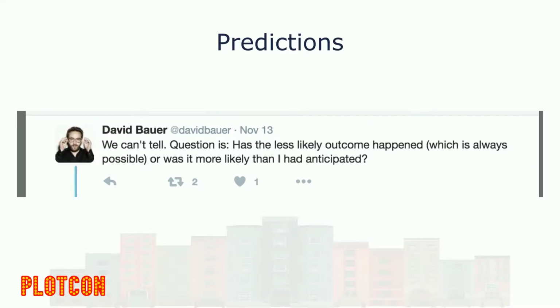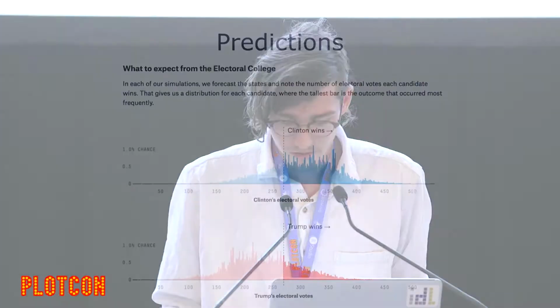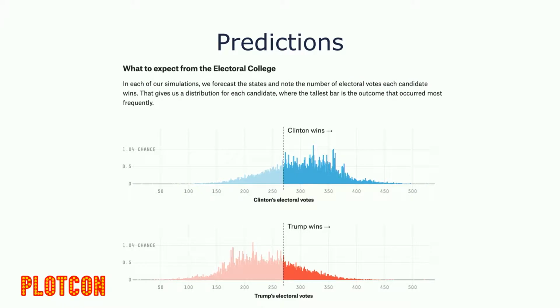And the answer is really that we don't know. The answer is, depending on how you interpret probabilities, either the prediction was wrong, the input data was wrong, or the analysis was wrong. In this case, I think people were wrong in a lot of ways, but they did their best with the data that was provided.